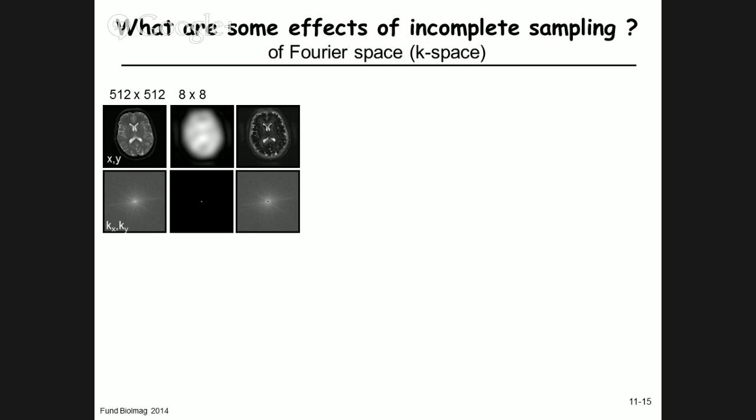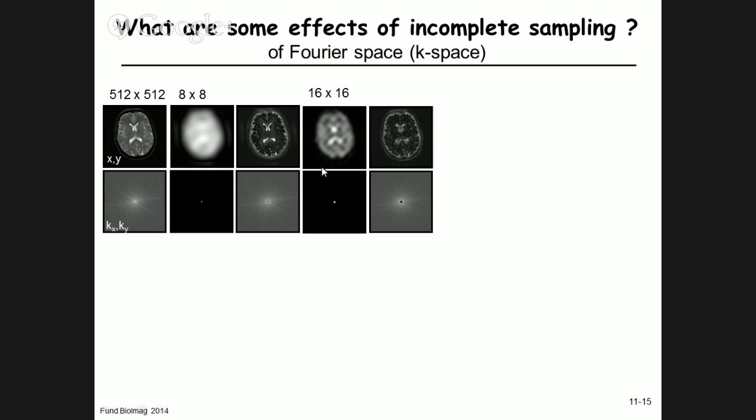Now, if you only collect the central 8 points, then this is what the image looks like. Very little information. If you take out the center 8 points, then you get the fine features, the edges. If you take 16 by 16 from this data set, it's the same data set, just collecting the central 16 data points, then you get this image, very blurry, but you start to see features.